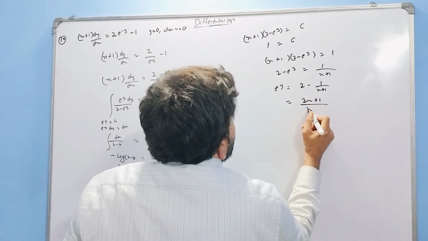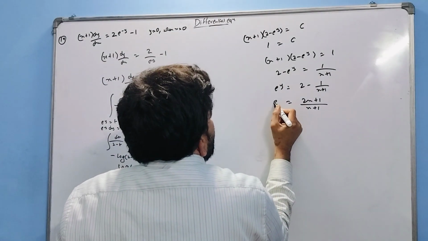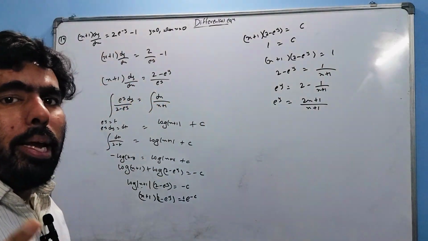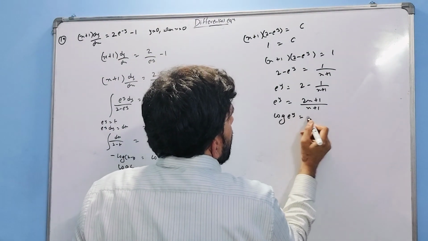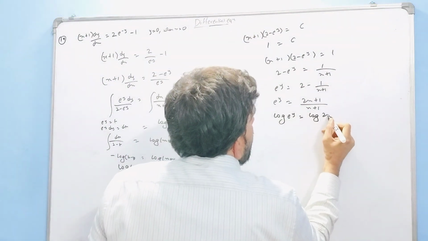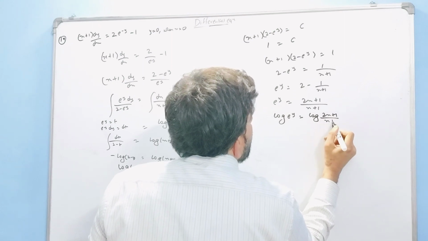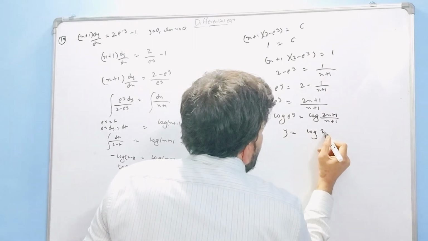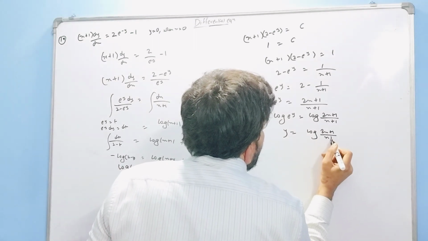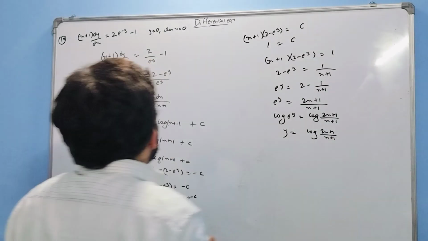So what we can do now is take log on both sides. So we have log of e to the y is equal to log of 2x plus 1 upon x plus 1. So we have y is equal to log of 2x plus 1 upon x plus 1. Okay, so that is how we find a particular solution of the given differential equation.